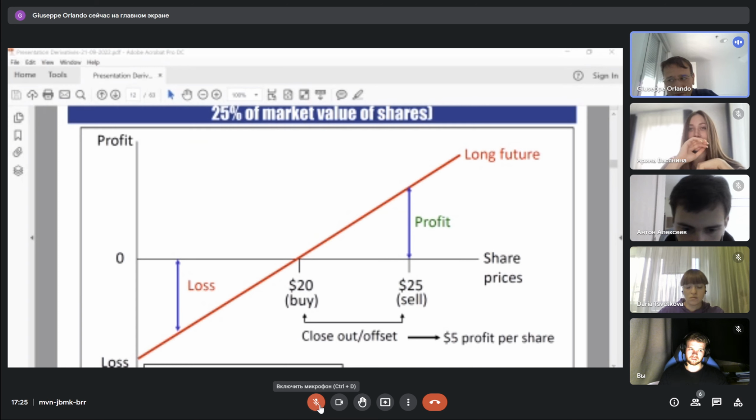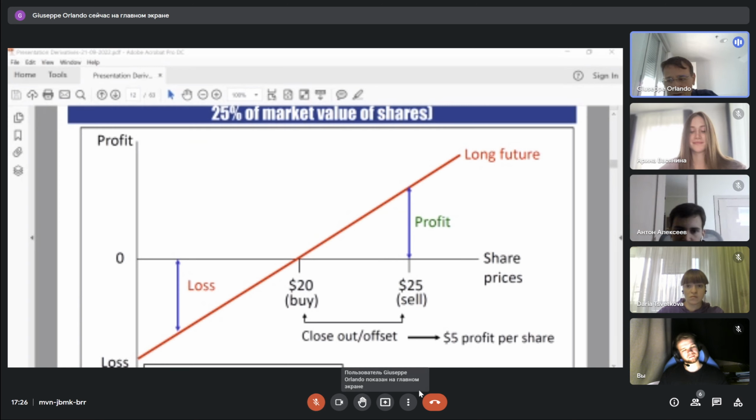So this is again a way to reduce the risk from both sides. For you, you should get this $5 if the market goes up, and your counterparty should get $5 if the market goes down, because you also have to post a margin.